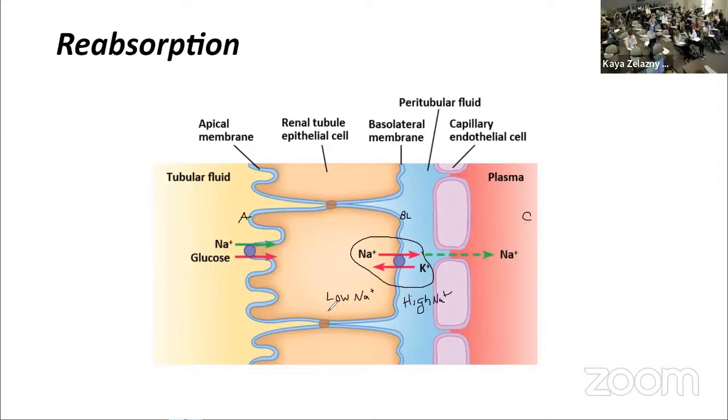So we've created this sodium gradient. We have low sodium inside the cell and high sodium in the tubular fluid. So that sodium is now going to go down its gradient, easy peasy. That part is in its favorable direction. If it was just sodium moving, that would be passive transport.